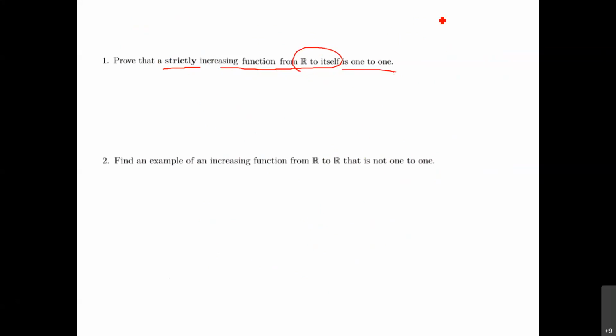So if we try to relate this to what we took in school, first of all, they're saying from R to itself. So R to itself, it's like R squared. It's simply R cross R. Kind of like in school when you have X, Y, drawing it on a board. So this mapping is simply doing what?